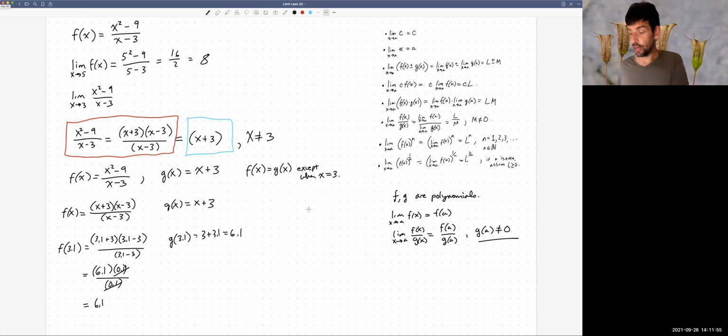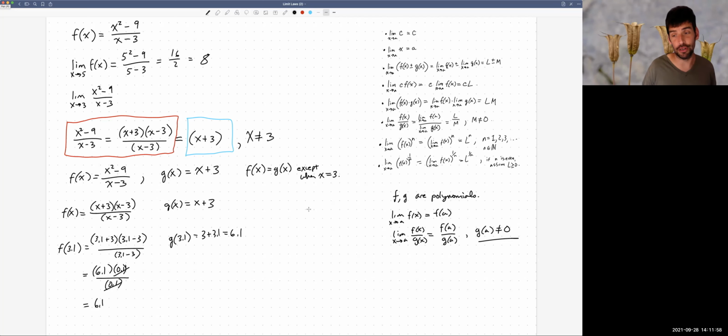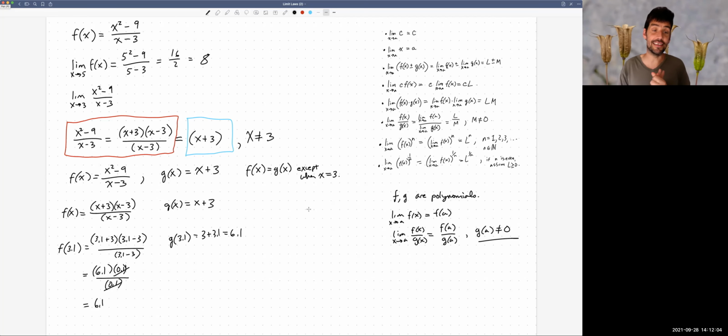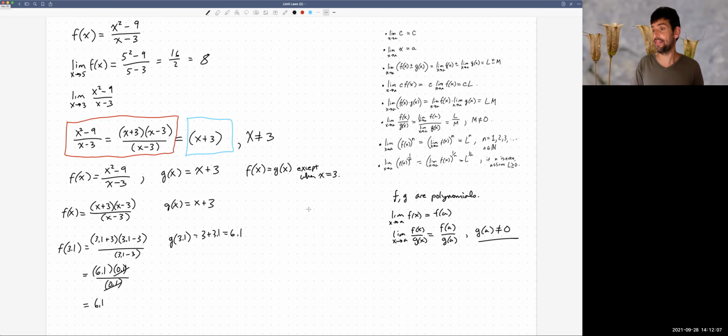A crucial point about limits, remember, is it doesn't care about the point that it's taking the limit to, in the sense that it doesn't matter what the function does at that point. It only matters what it does near that point.